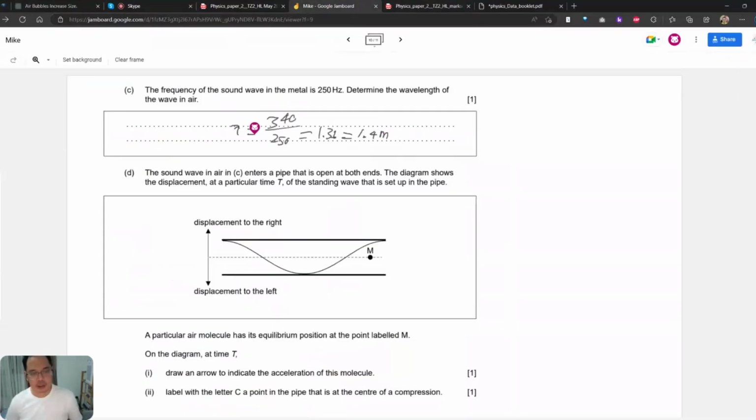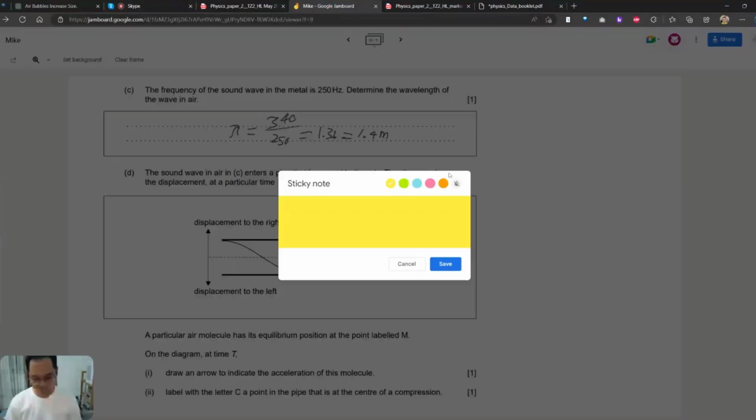And question D. The sound wave in the air enters the pipe that is open at both ends. The diagram shows the displacement at a particular time of the standing wave that is set up in the pipe. A particular air molecule has its equilibrium position at the point labeled M. On the diagram at time t, draw an arrow to indicate the direction of the acceleration of this molecule, meaning to the left or to the right, because sound wave is a longitudinal wave.